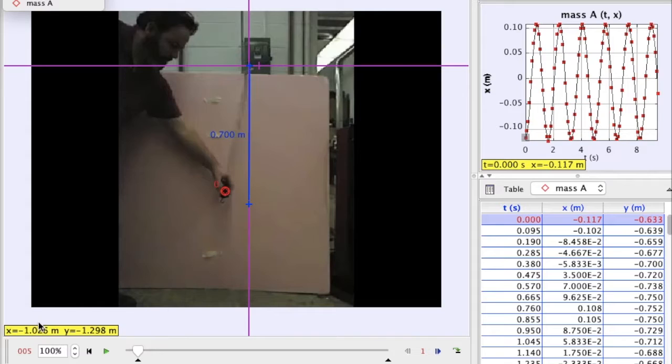Now here is our tracker video for the observed motion of the spring. As you can see, our axis is in line with the fixed point, and this spring here is what is attached to the mass.